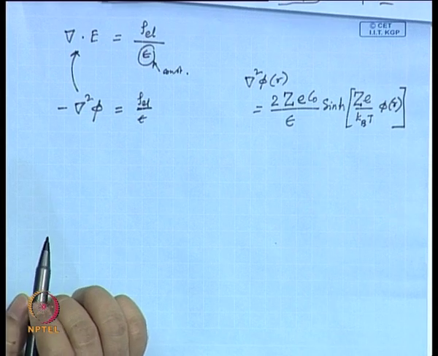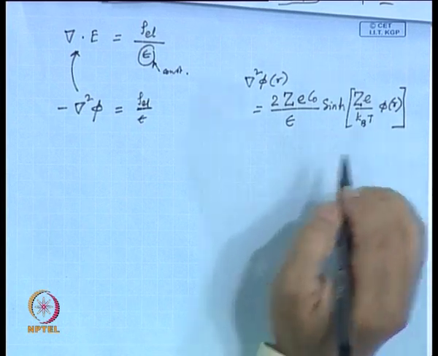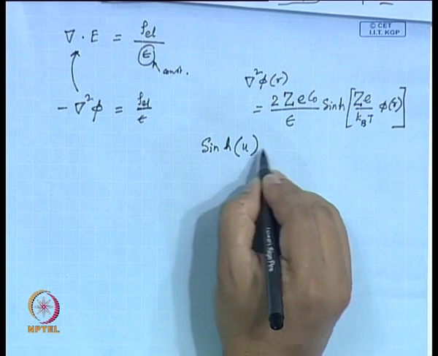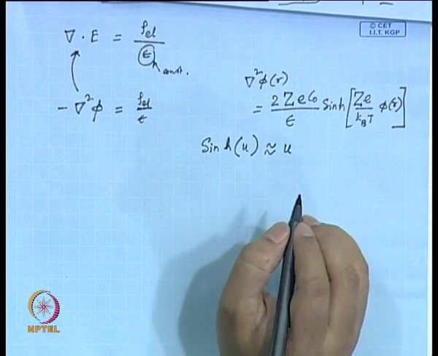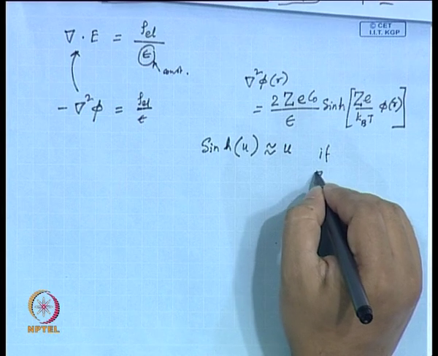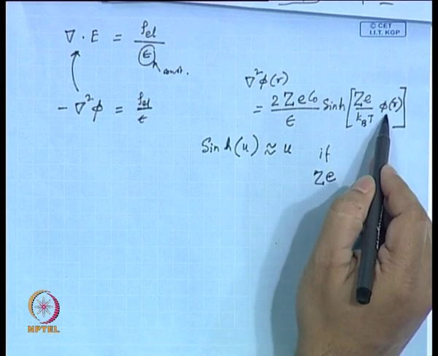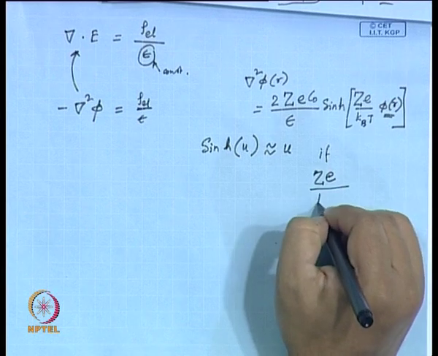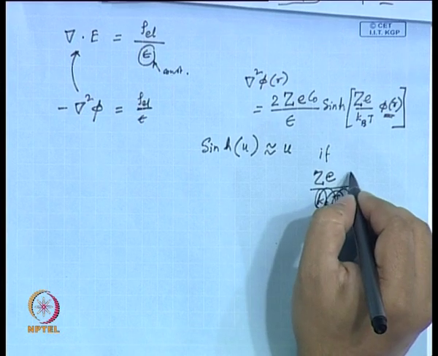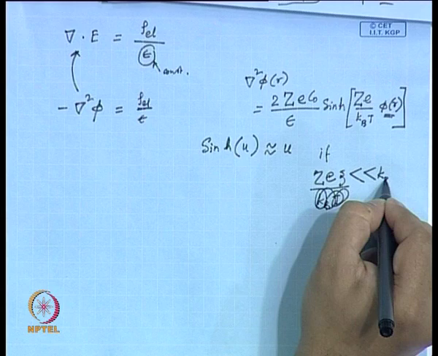Now, if you take a Taylor expansion of this sinh term, you can write sinh of u is close to u if Z e times the corresponding phi, which I write as zeta, divided by kBT is small, that is, Z e zeta is much less than kBT.